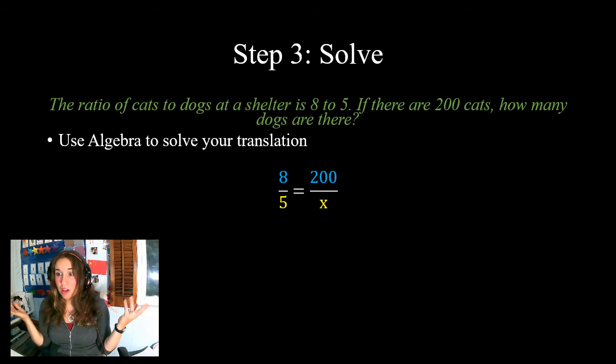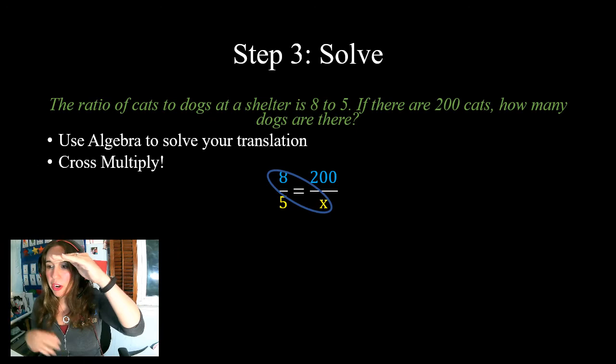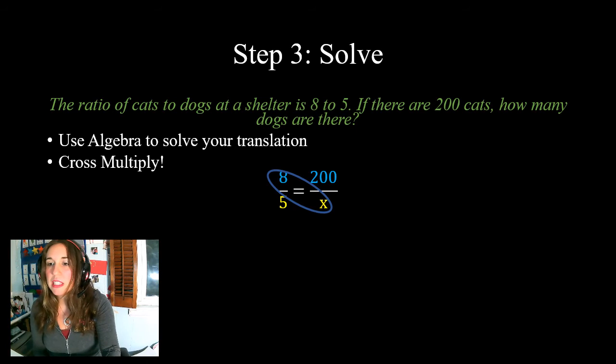So now let's solve. Here's our translation, 8 over 5 equals 200 over x. We can use algebra to solve this, and the really nice thing is that I have one rational expression on one side and one on the other side of the equal sign, so I can use cross multiplication. I'm just going to multiply my first numerator with my second denominator, 8 times x, and my first denominator with my second numerator.